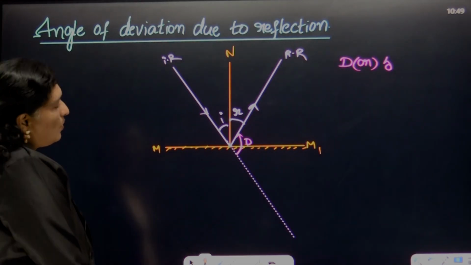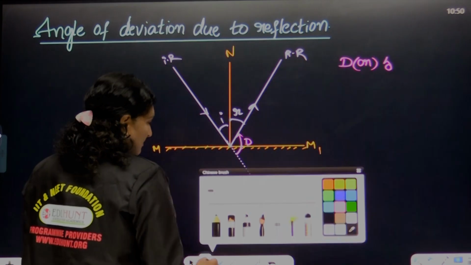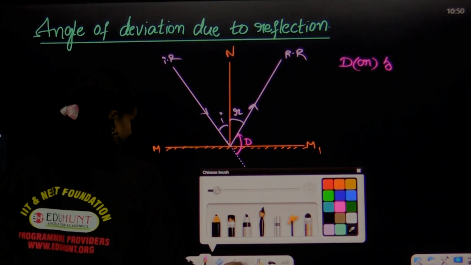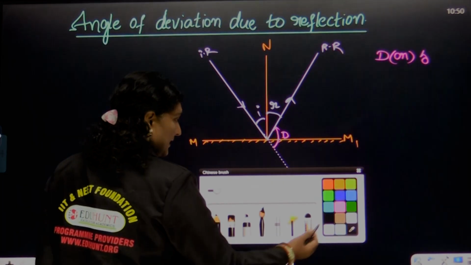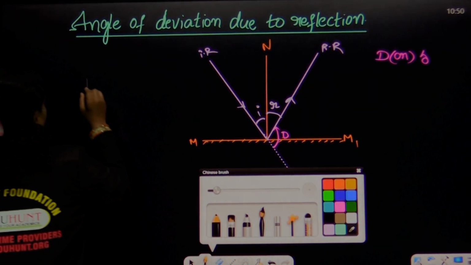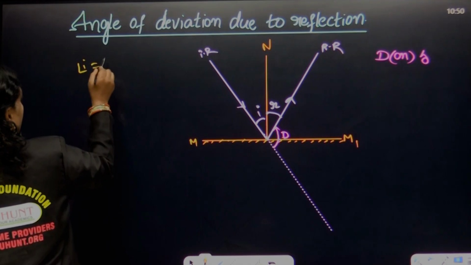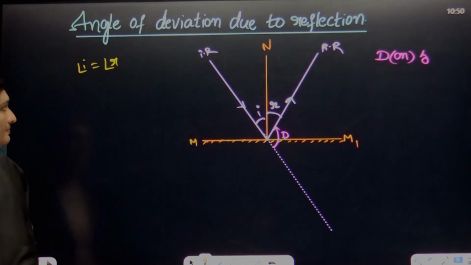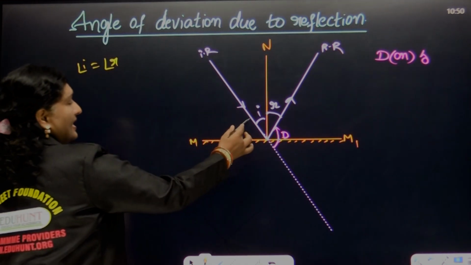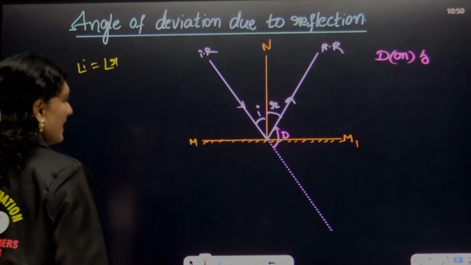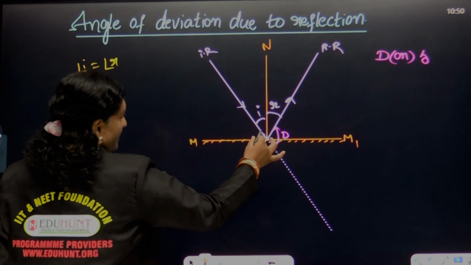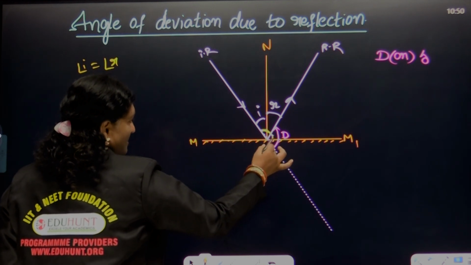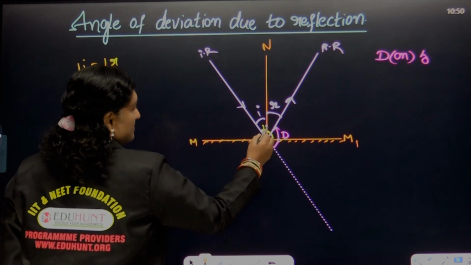We know from the laws of reflection, which we have studied, that angle I must be equal to angle R. If you observe this carefully, earlier I told that this angle must be 180 degrees.